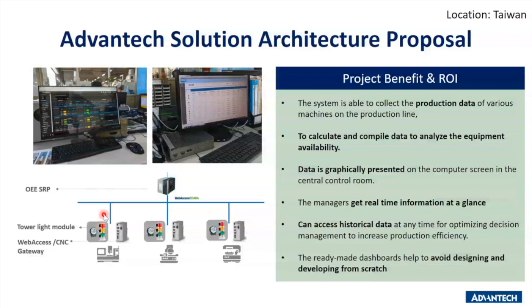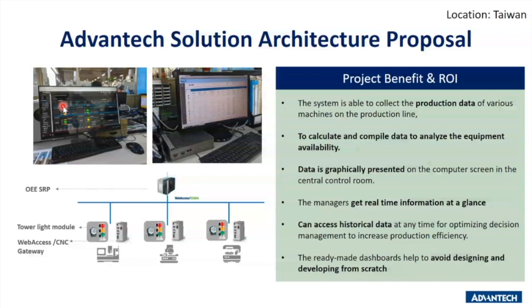All this information will be collected and pushed to our MES or our OEE SRP system. Before this, they didn't have visibility of what's going on on the production floor. But now with this package, they have a good overview of the OEE dashboard, and also the status happening on the production floor.